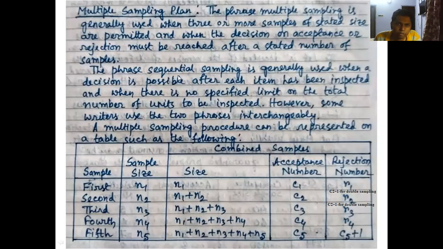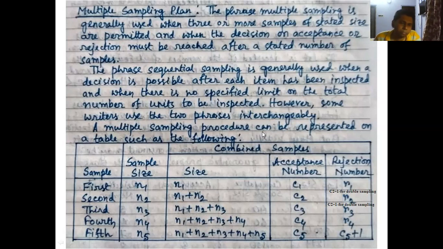The phrase sequential sampling is generally used when a decision is possible after each item has been inspected, and when there is no specified limit on the total number of units to be inspected. However, some writers use the two phrases interchangeably. A multiple sampling procedure can be represented on a table such as the following.